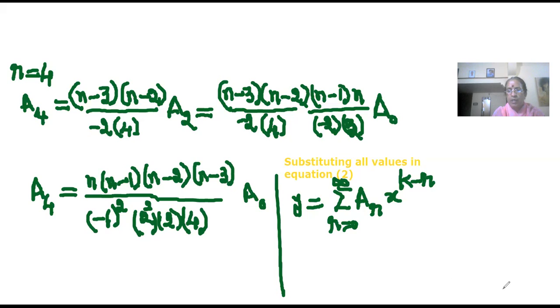So when you expand that, what do you get? Y equal to, r equal to 0, so that becomes A0 into x power k minus r. What is k? K is n. So A0 x power n plus A1, which has become 0 actually. Anyway, I'm going to write the expansion.